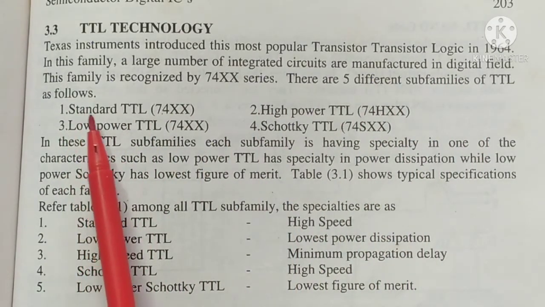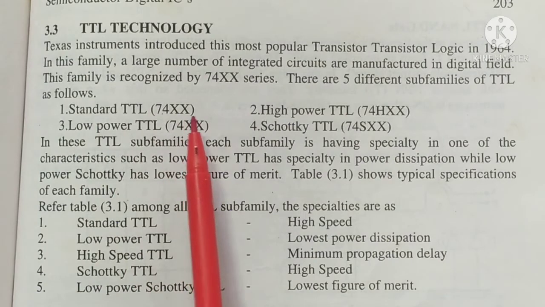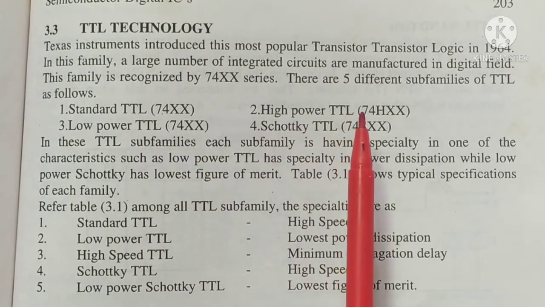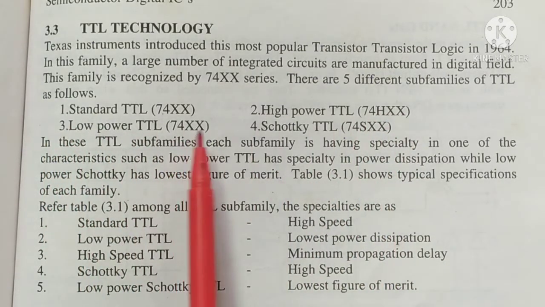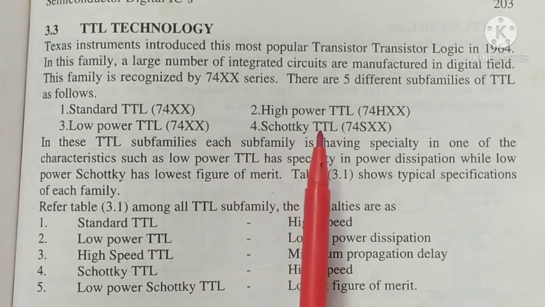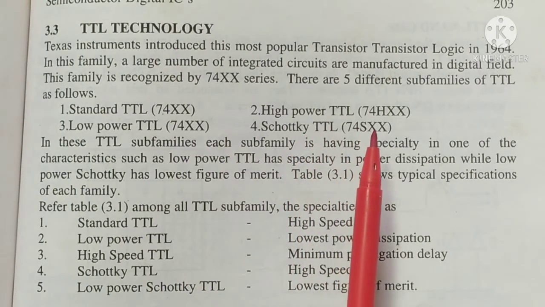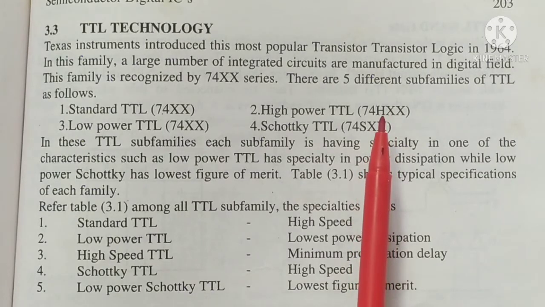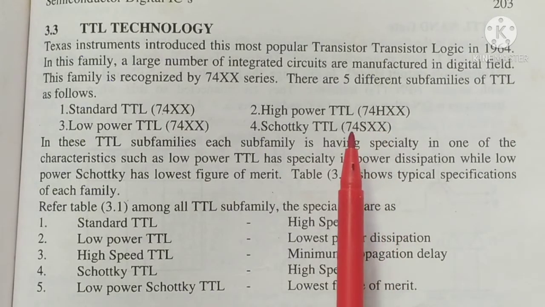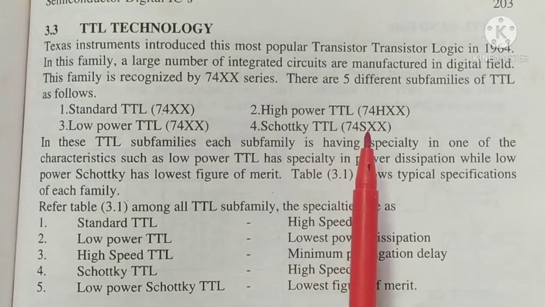First, standard TTL 74XX. Second, high power TTL 74HXX. Third, low power TTL 74LXX. Fourth, Schottky TTL 74SXX. Students, you can observe this series 74H, H for high power, while in this 74S, S for Schottky TTL.